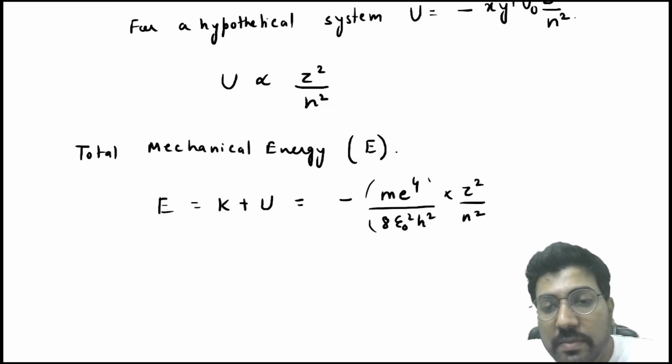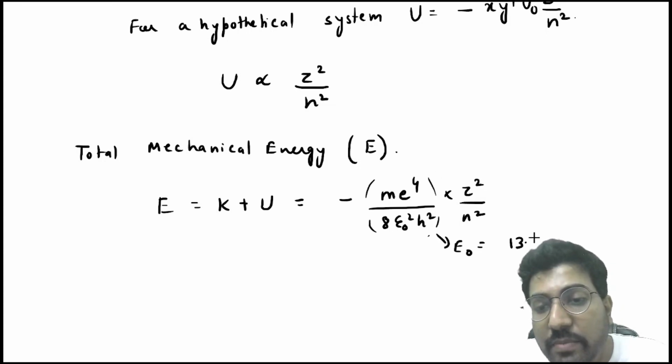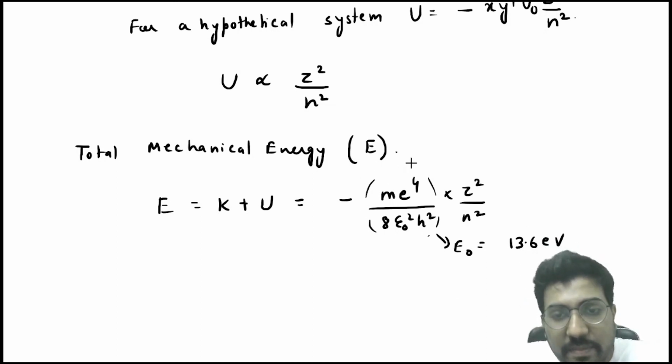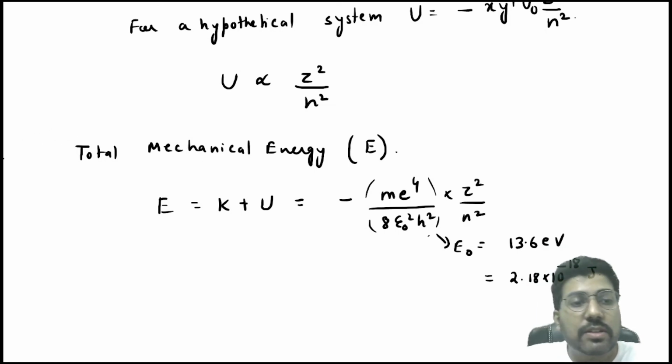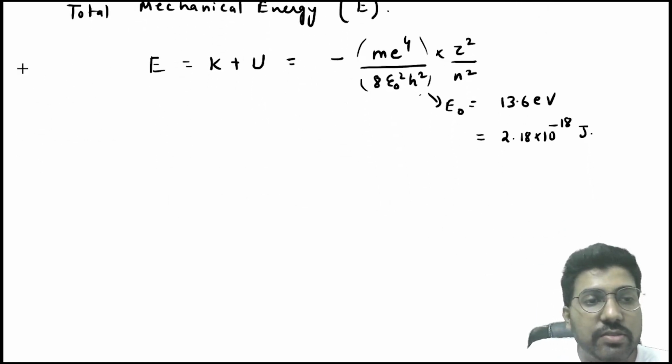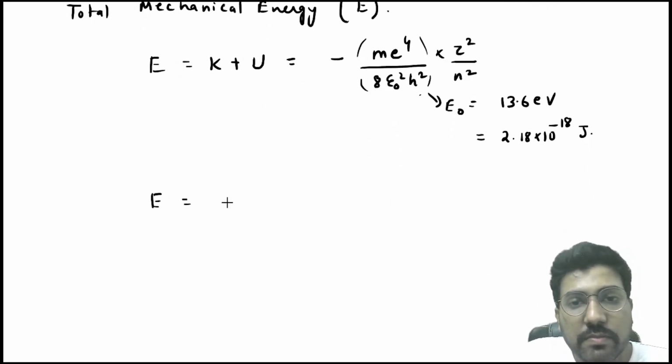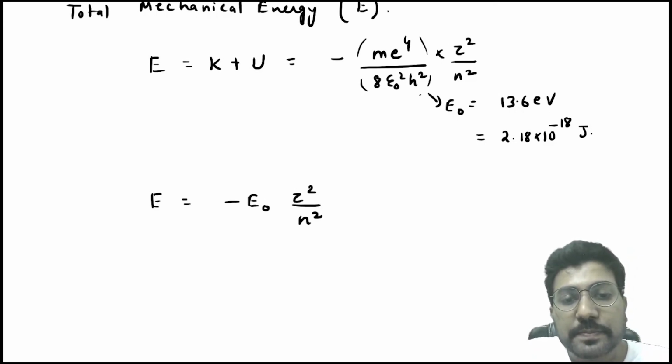Now this term is E naught, and the value of E naught is again 13.6 electron volt, because this is the same as the kinetic energy constant terms. Or you can say this is also equal to 2.18 into 10 raised to the power minus 18 joules. So the total energy when you add these two is equal to minus E naught z square by n square.